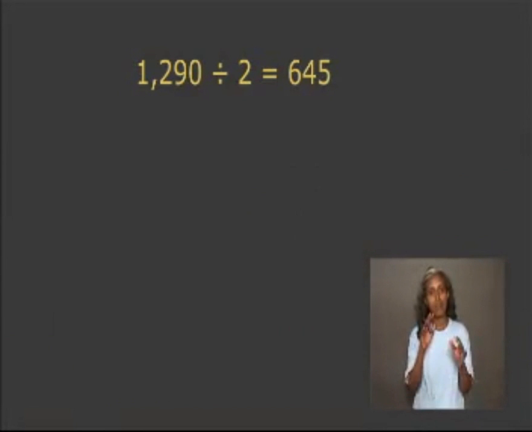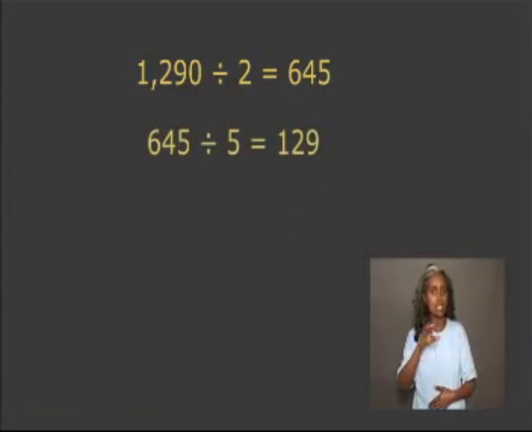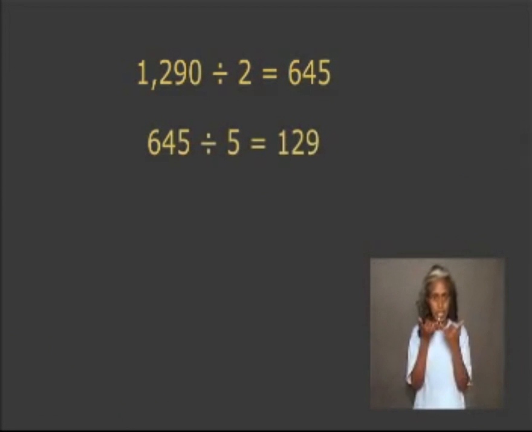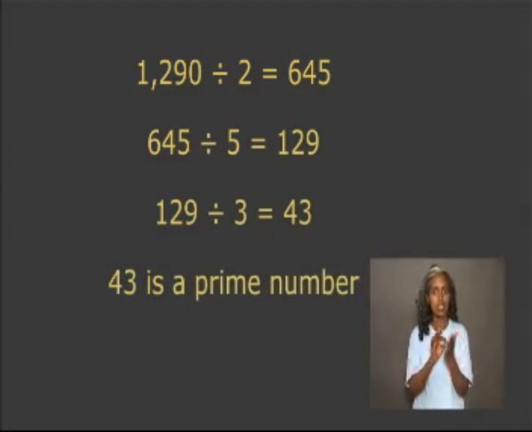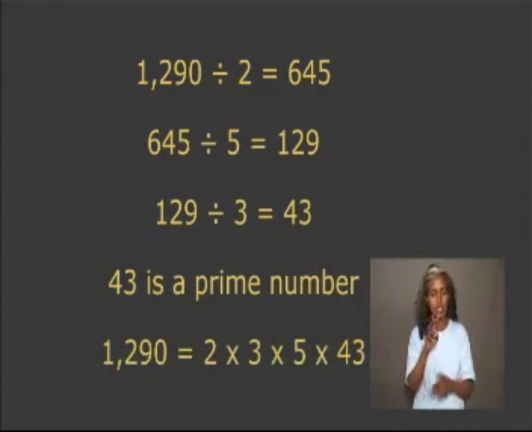The next composite number is divisible by 5. The next composite number is divisible by 3. The last number, 43, is a prime number. Our prime factors, then, are 2, 3, 5, and 43.